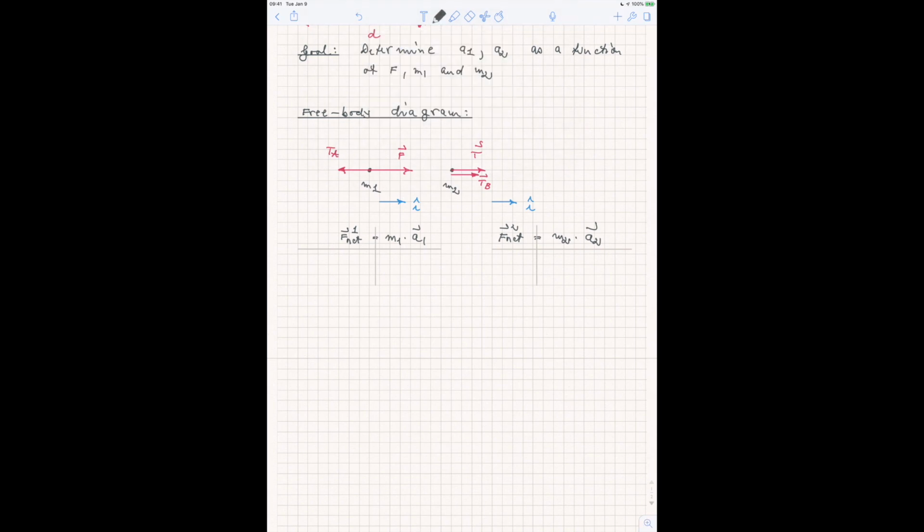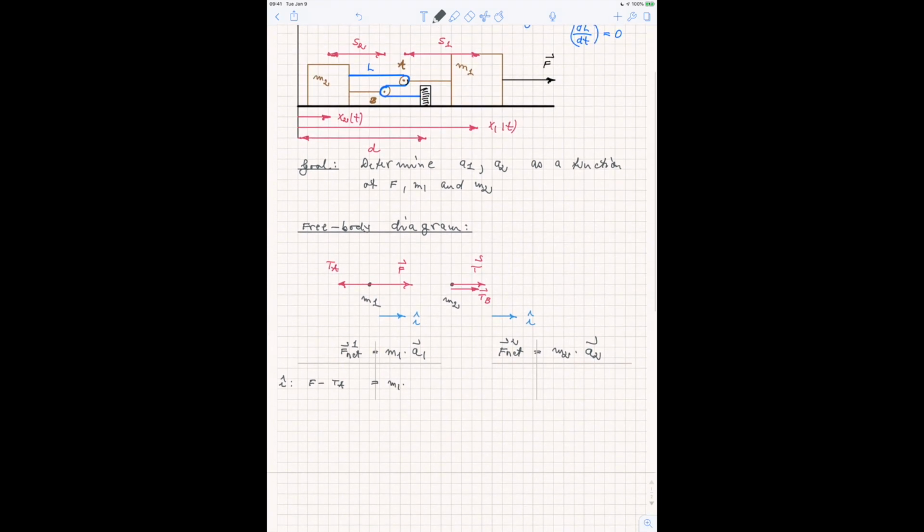Okay, so let's see what we're finding here. In the unit vector i direction, that coordinate direction drawn here for mass M1, what would we have? Force F is in the positive direction, TA, the tension, is in the negative direction. So we would have F minus TA equals M1 times the acceleration A1. Now what is the acceleration A1?